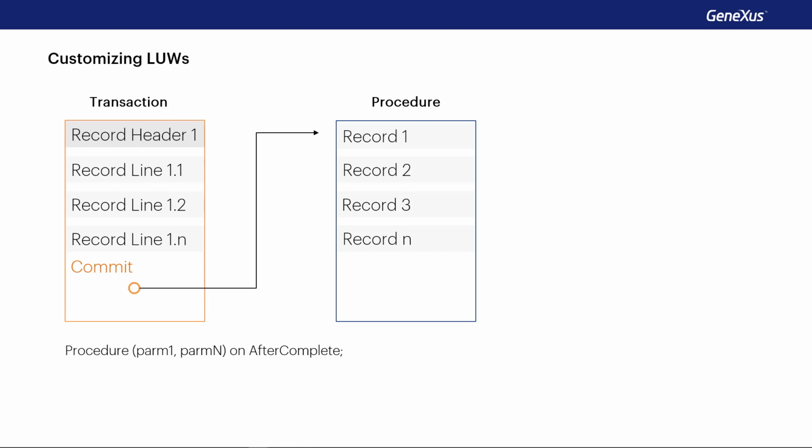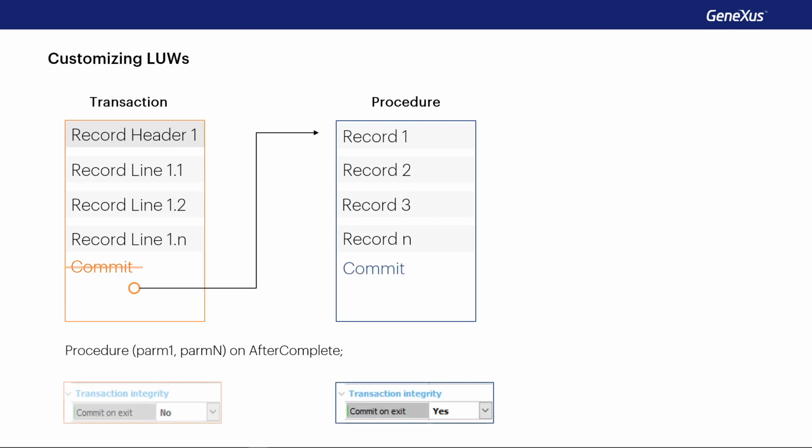As long as the automatic commit of the transaction is disabled and the automatic commit of the procedure is kept. By invoking the procedure at this point, we're sure that all header and line records will have been recorded. Then, the procedure will perform its database record updates and commit, thus committing all records, its own and those of the transaction.